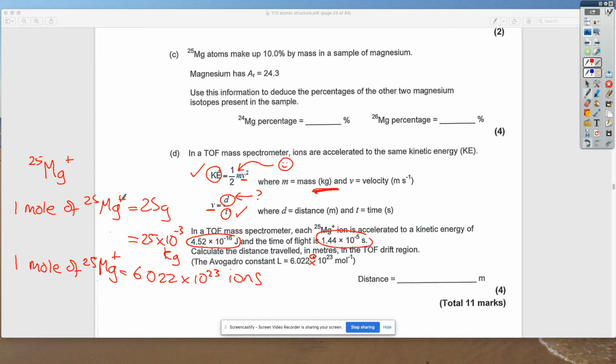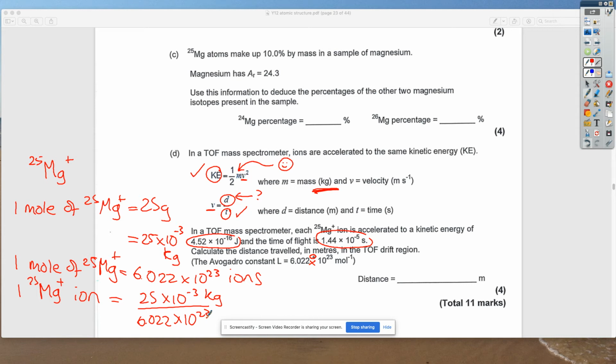Yeah? So now I can say 1 of these ions will have a mass of 25 times 10 to the minus 3 kilograms divided by 6.022 times 10 to the 23. Sometimes in these exam questions they will break this up, and so this would be a question on its own, and then you would have to take that answer forward to work out the next part.